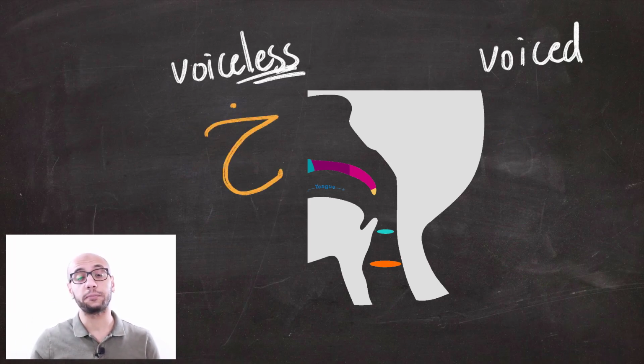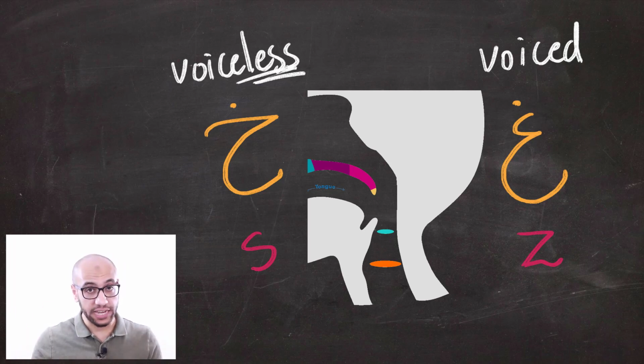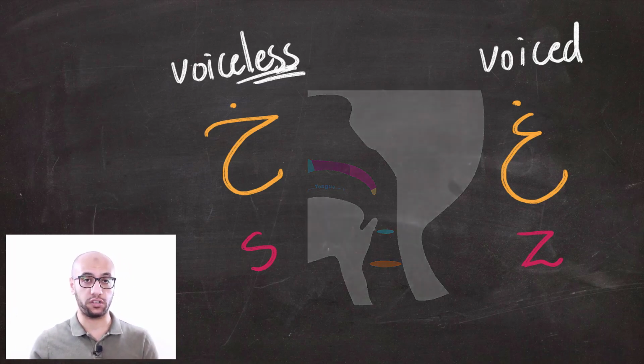On the other side, when it comes to the voiced sound, you have to vibrate your vocal cords so that you can pronounce the letter properly. So it would be z and gha. There is your vibration. So kha and gha are exactly the same, but with one exception, and that is how you vibrate or not vibrate your vocal cords.